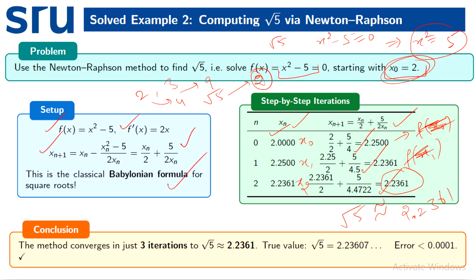We can also compare it with the true value of root 5, which is 2.2367607. The error will come out to be very small, less than 0.001. I hope you enjoyed this lecture.